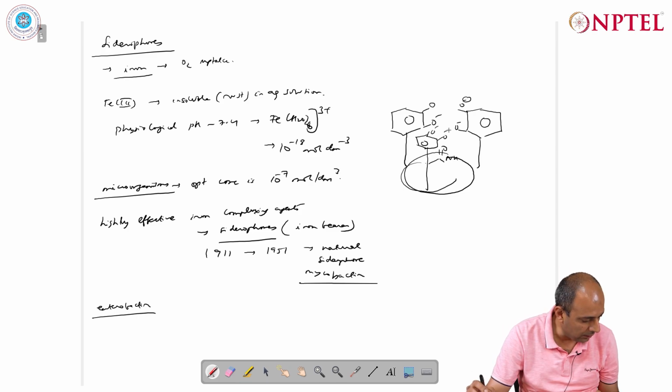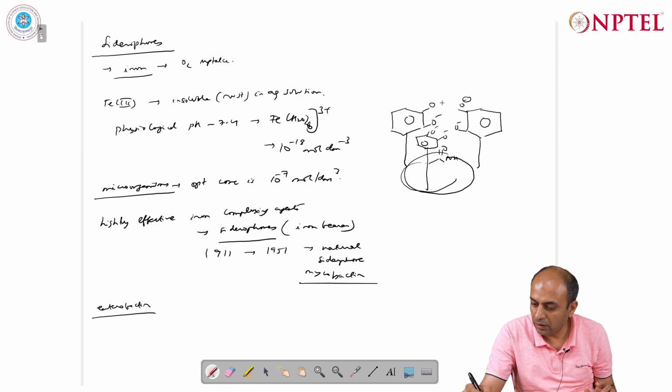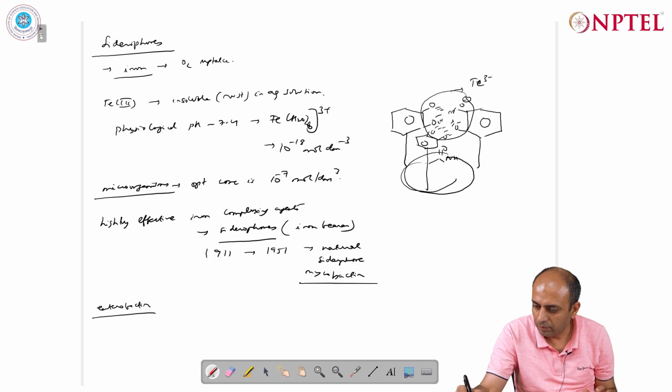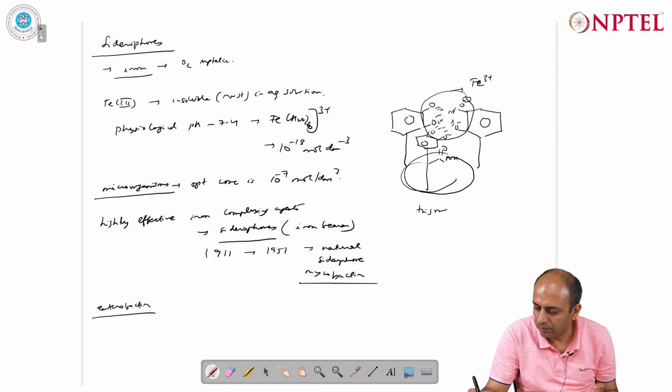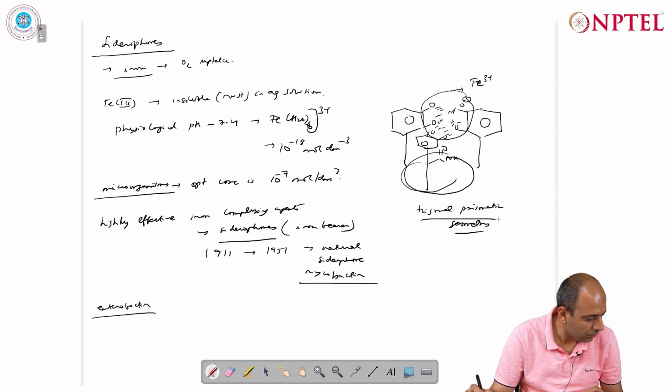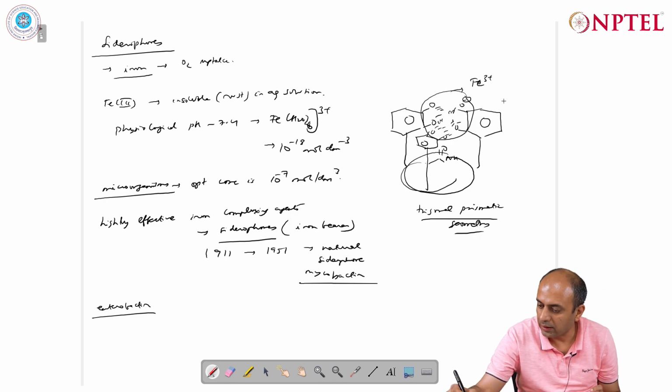This is how they will come out, and this entire set of 6 oxygens will now capture Fe3 plus, forming a trigonal prismatic geometry. Okay, and so we have got these deprotonated hydroxyl groups, and so these catecholate moieties are there.